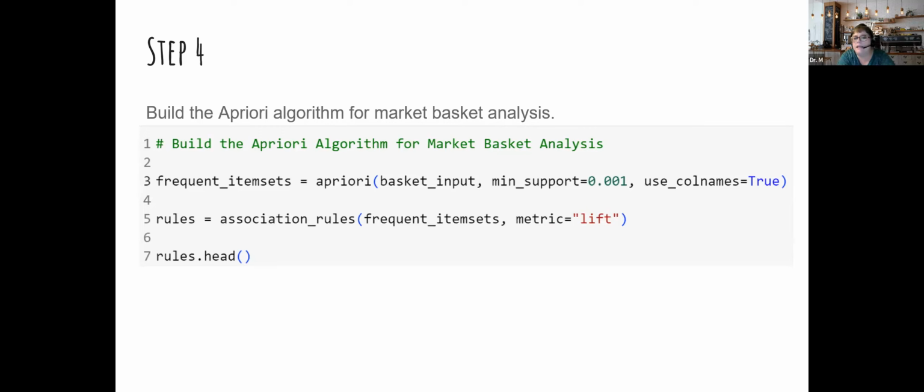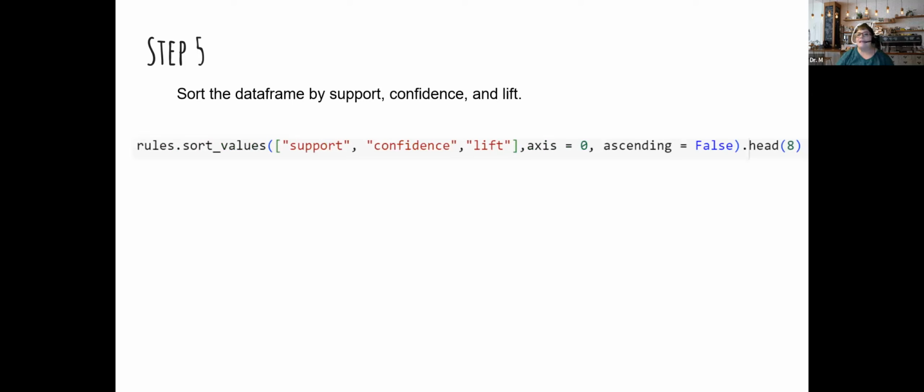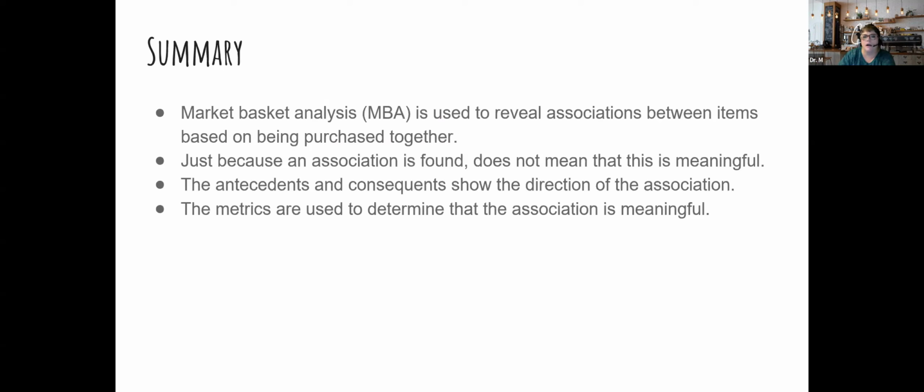So we basically run this, then we look at the results, and then we're going to interpret the results, okay? So again, we're using a library that understands how to do this. Now, to get all the cream to float to the top, remember I talked about that? We're going to sort it in descending order. Ascending equals false is the same as descending. So we're going to sort it, and we're going to get the first 8 rows.